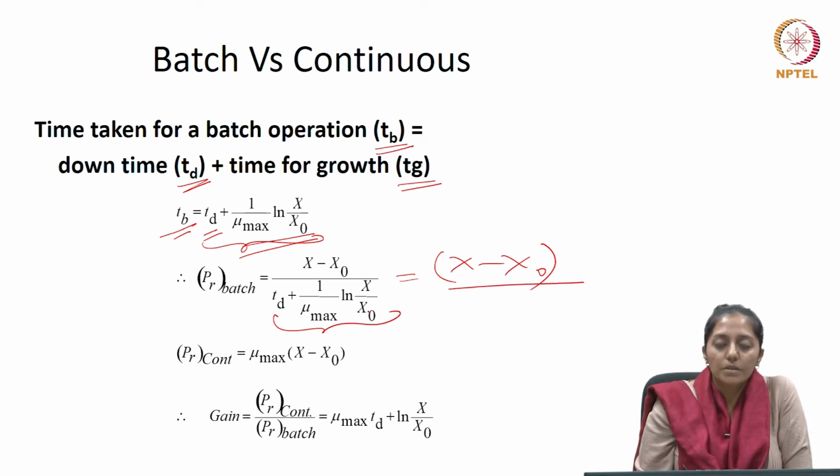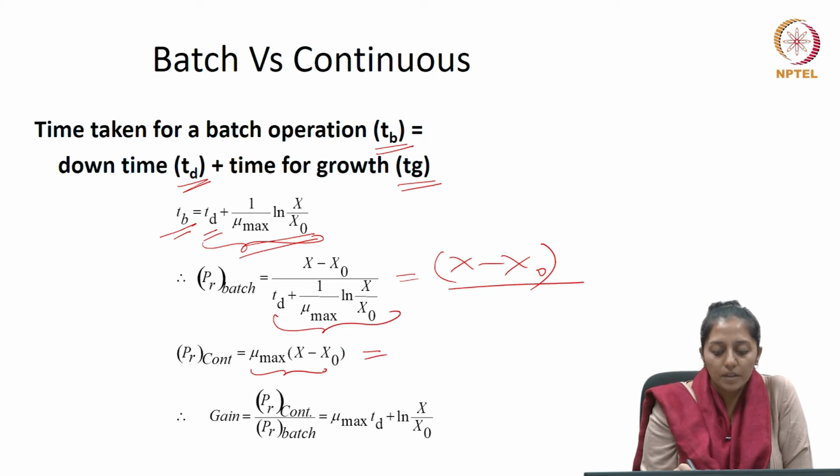Now, let us see what the productivity in a continuous reactor is. In a continuous reactor, we do not consider any downtime. It can be run continuously for a long time, which is an advantage over batch reactors, and your productivity can be given as mu max times x minus x naught.